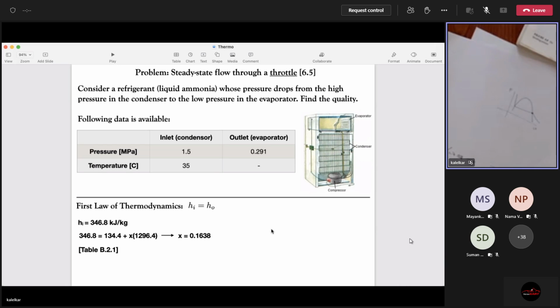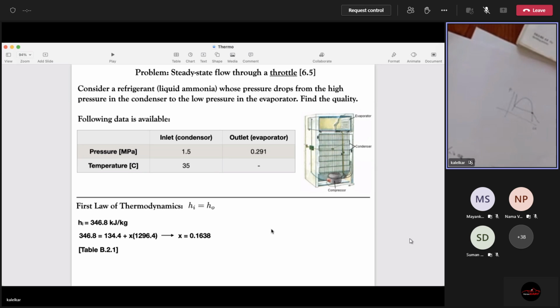You can use that entry for the enthalpy, your HF and HFG. I'm looking at the entry for minus 10 C because the pressure is 290.9, which is 291 kilopascal. I repeat, there is no separate table where the first entry is pressure and the second entry is temperature, unlike the case of water.